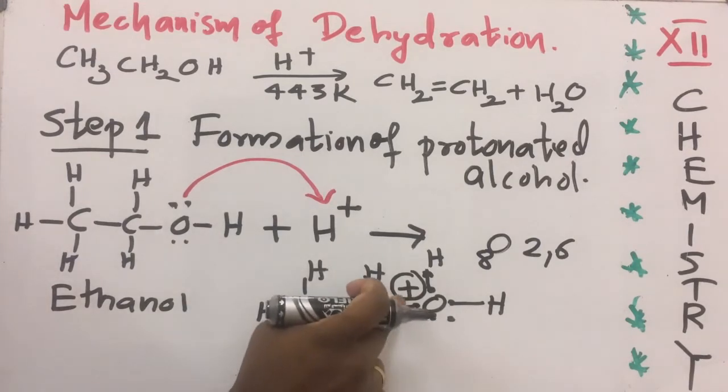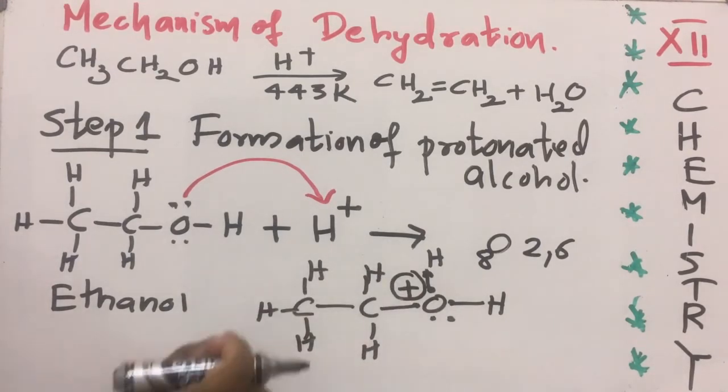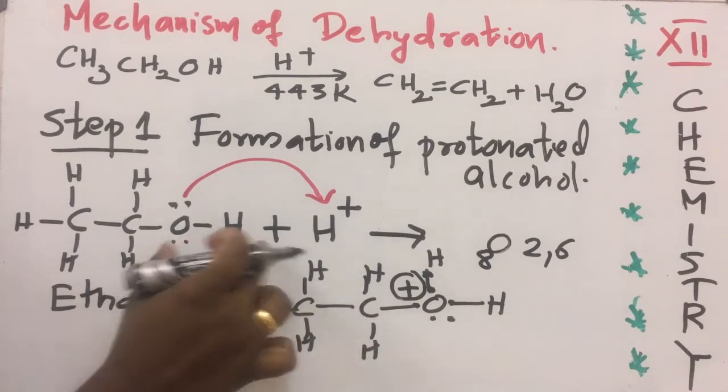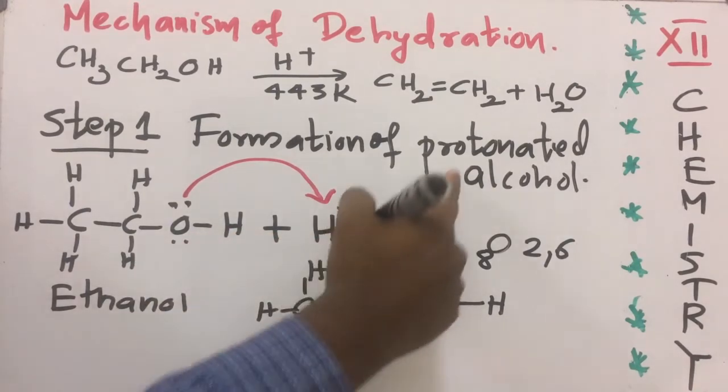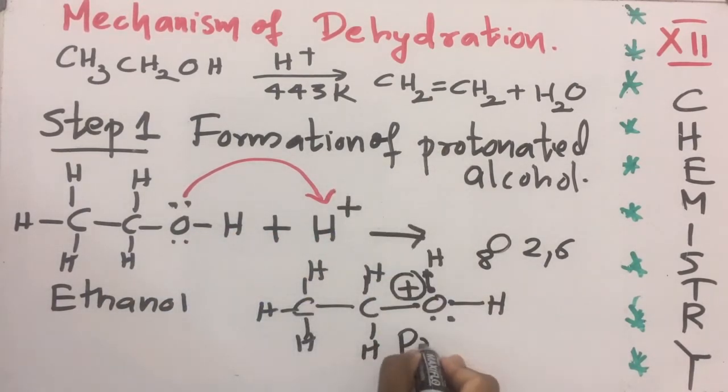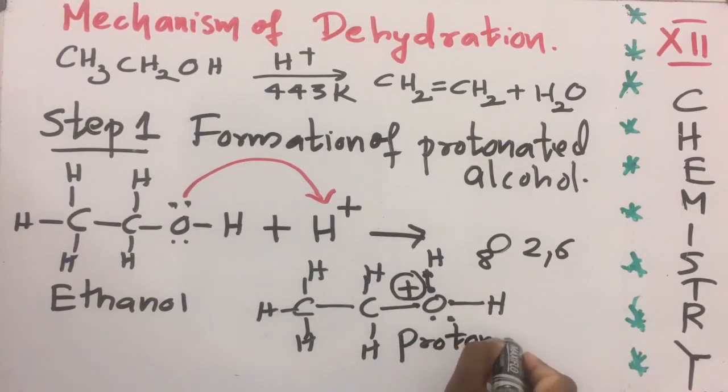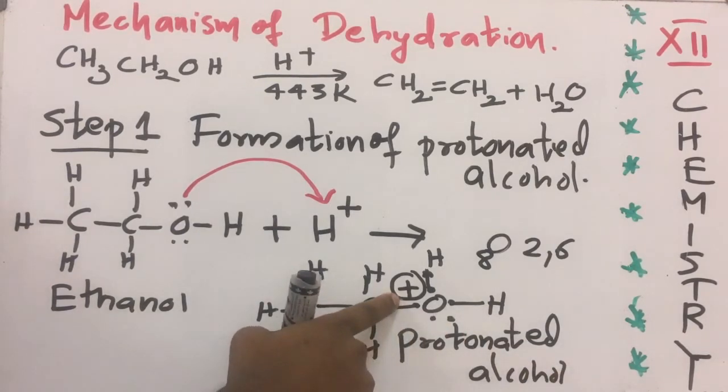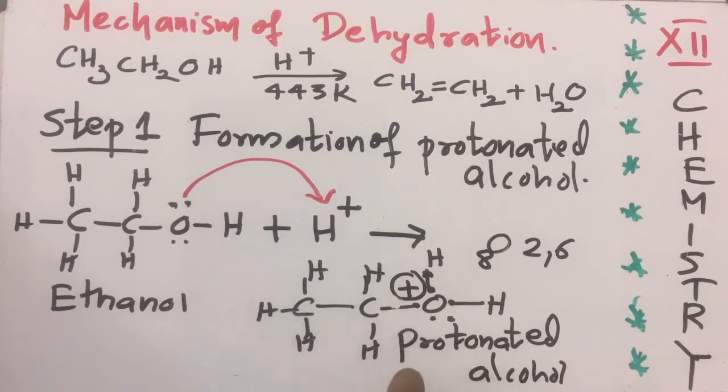Here there is a positive charge, so the alcohol formed after this reaction is called protonated alcohol. Why is it called protonated alcohol? Because there is a positive charge, related to proton, so protonated alcohol.